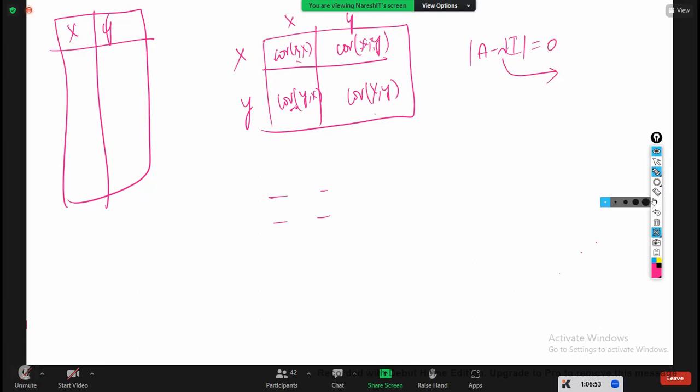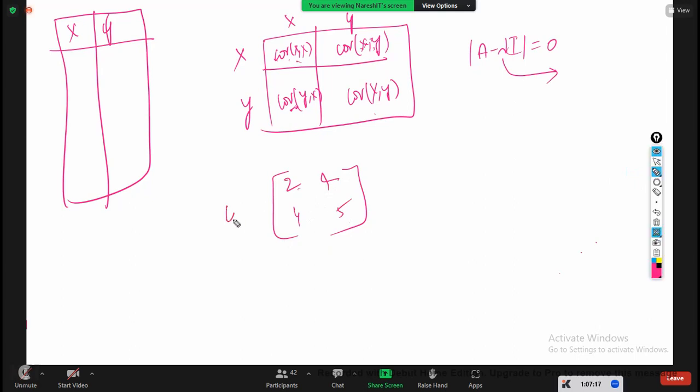For example, let us take 4 values like this. The first value of covariance is 2, this is 4, and this is 5. Covariance of X comma Y and covariance of Y comma X should be the same. So 2, 4, 4, 5. Something I have got like this.